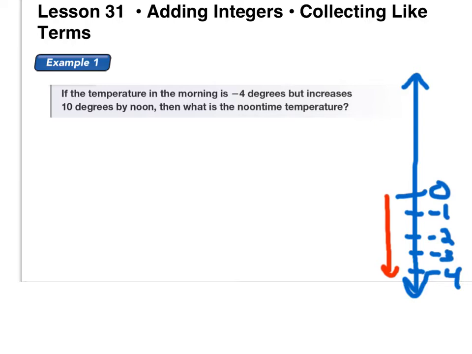But then it's going to increase 10 degrees by noon, okay? So that means it's going to go up 10. So now I need to make sure my number line has enough spaces here.